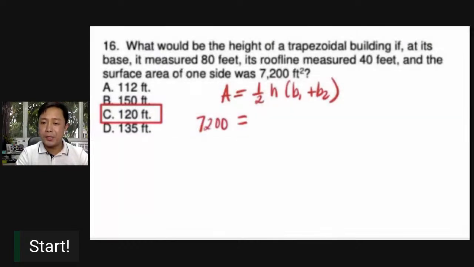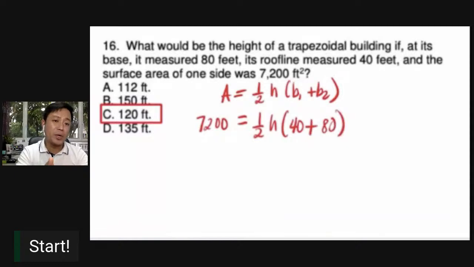So 7,200 is the area. We have 1/2 times the height. The height is missing. And again, the two bases are 80 and 40. So just add the 40 and the 80. Simplifying this further, we have 7,200, and we can add 40 and 80, that's 120.